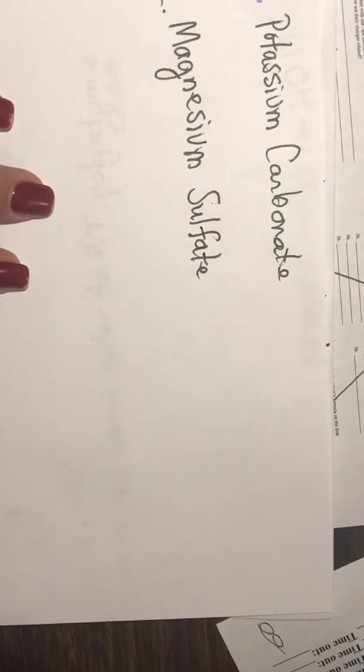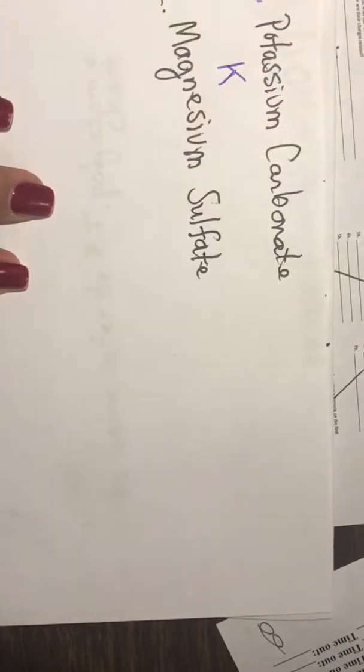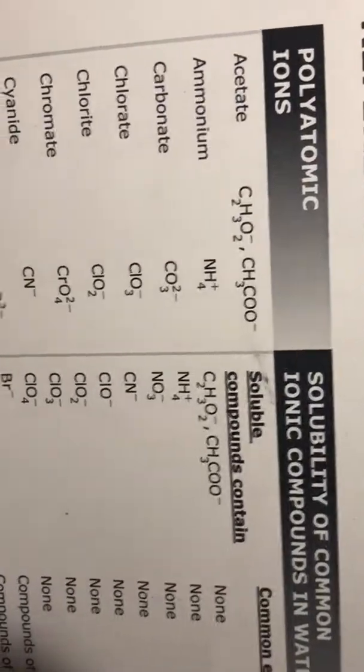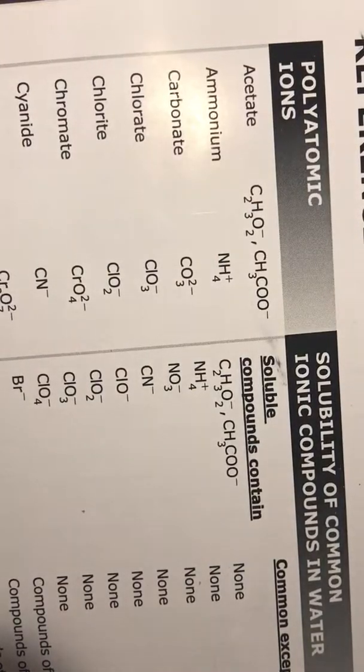Okay, potassium carbonate. Potassium is K. That's on the regular side of the periodic table. Carbonate is on the polyatomic side. It's the third one. Okay, so it's CO3 -2.